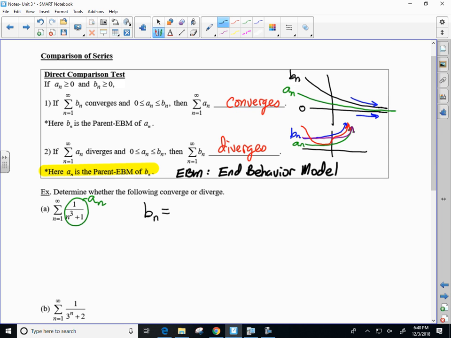So the b sub n would be the parent function of the n behavior model. The n behavior model for rational functions, you get that by taking the term with the highest power on top and dividing it by the term with the highest power on the bottom. And then simplify.